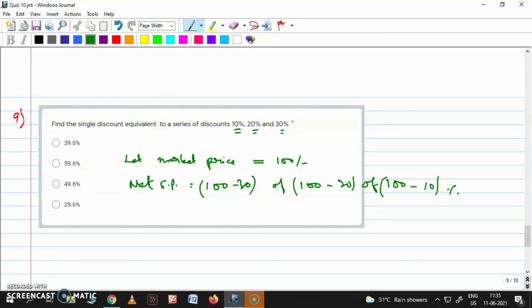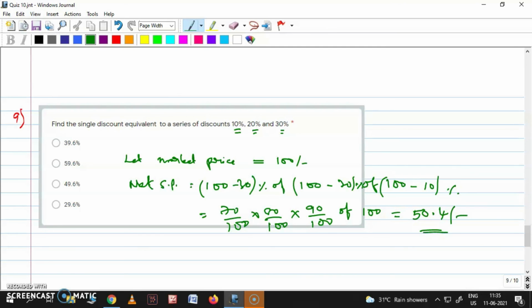All are in percentages. It will be equal to 70 by 100, 80 by 100 and 90 by 100 of the market price, which is 100. That is equal to 50.4 rupees.